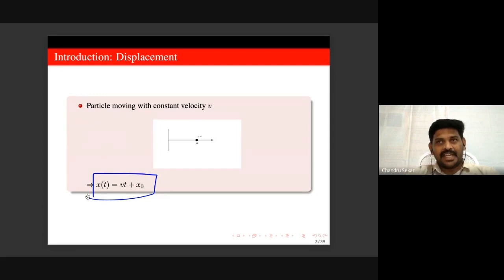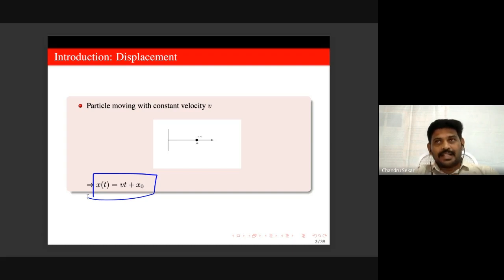Here x of t gives the position of the particle in time. We call this the displacement of the particle from the equilibrium, from the origin. And x of 0 is the initial position of the particle. We call this the initial displacement. V is the velocity of the particle.